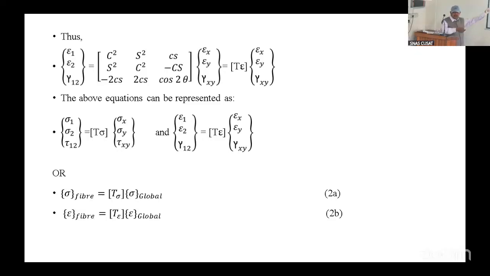The derivation is given. So there is a difference in the matrices. In the books, they keep the same matrices and use a half-parameter column matrix. Physically, this feels appealing to me, so I use this. So sigma fiber is equal to T sigma into sigma global, and epsilon fiber is equal to T epsilon into epsilon global.